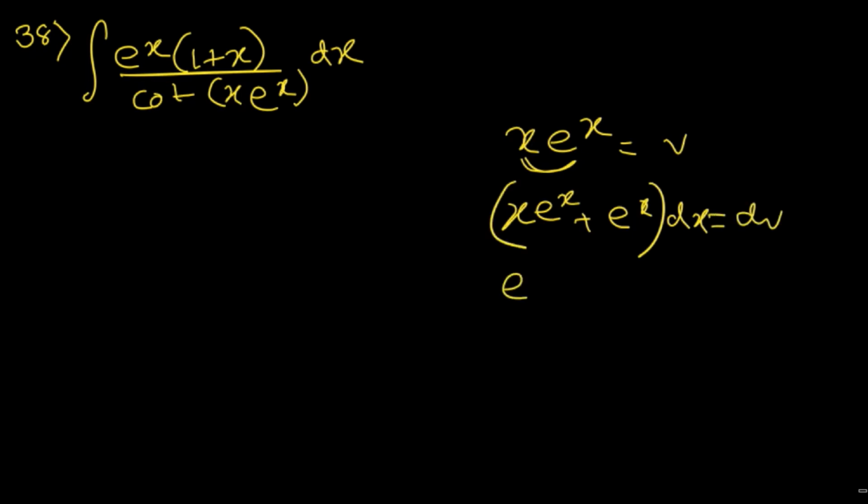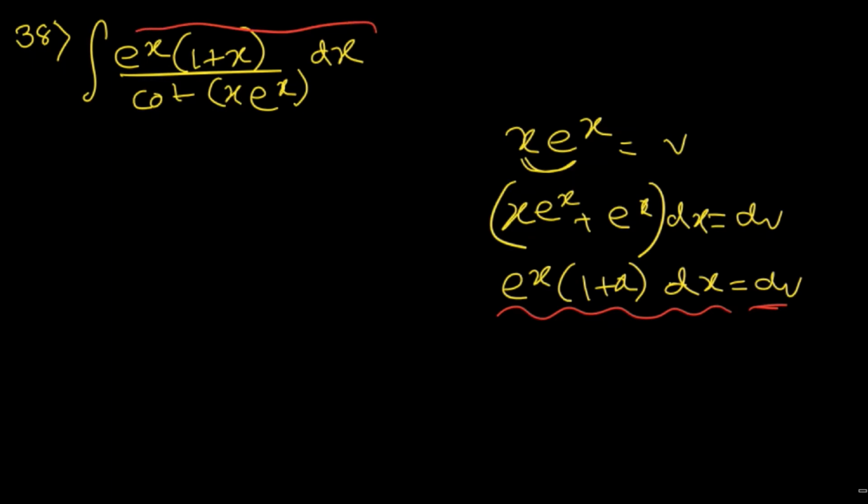If you take e to the power x as common, 1 plus x dx gives dv. So we have obtained the whole numerator as dv.